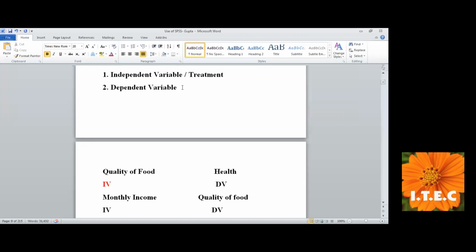So once upon a time your parents were independent, and now they are dependent. Today you might be independent, but after some time you will depend on your children. So it is a cycle which keeps on going. Therefore, you can never say that this variable forever will be dependent and this variable forever will be independent.